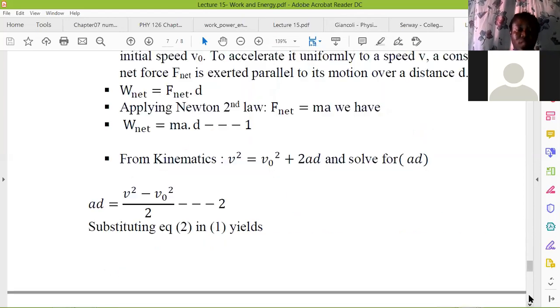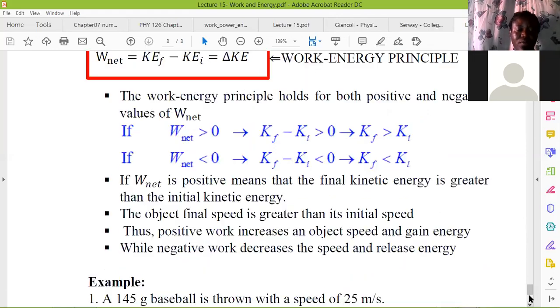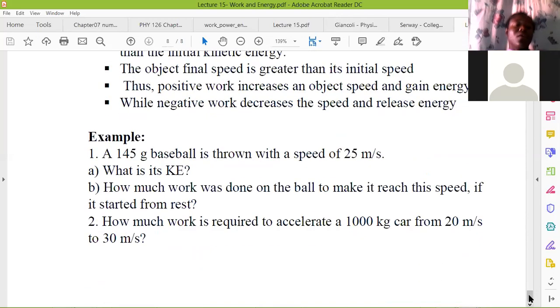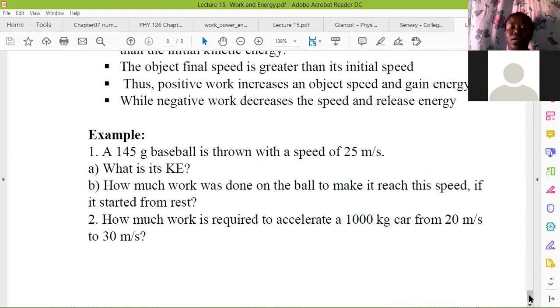Okay, so I think we have an example here. A 140 gram baseball is thrown up with a speed of 25 meters per second. The question asked: what is its kinetic energy, and how much work was done on the ball to make it reach this speed if it started from rest?